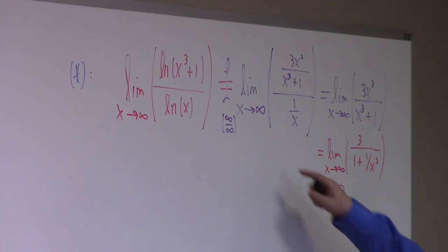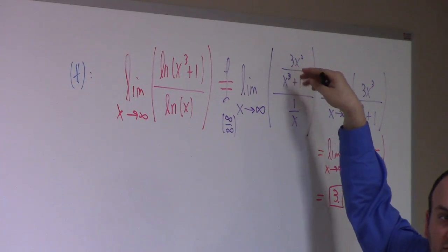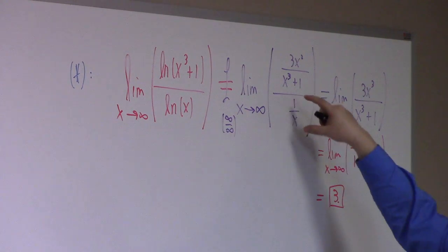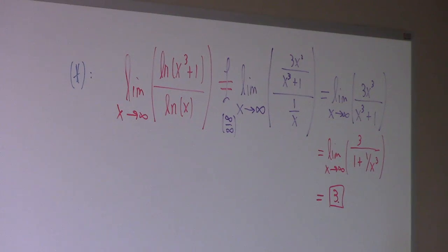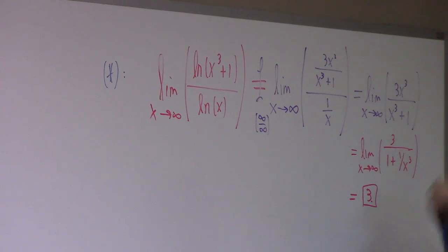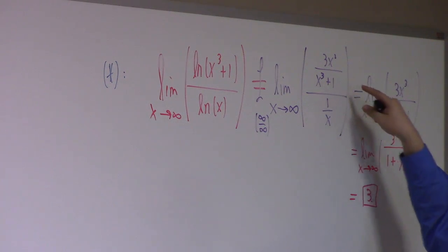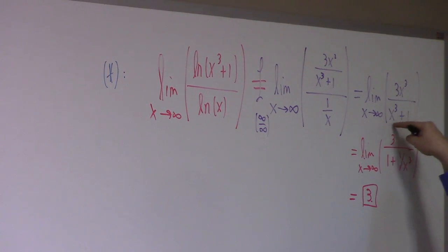And so chain rule, 3x squared divided by x cubed plus 1. Derivative of natural log, 1 over x. At this point, I no longer need L'Hopital's rule. What I need is to do algebra. So algebra brings the x upstairs, gives me a 3x cubed. Algebra brings the reciprocal of the numerator to the reciprocal of the total expression, just x cubed plus 1, like so.